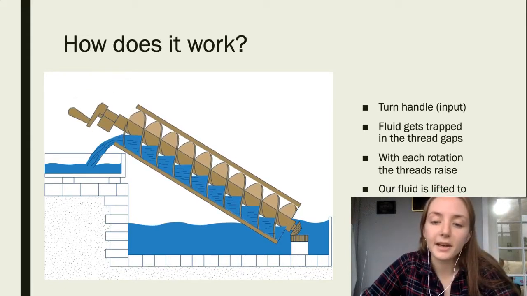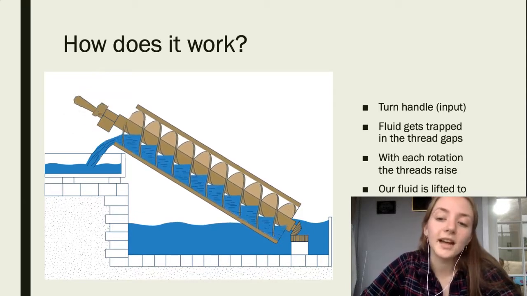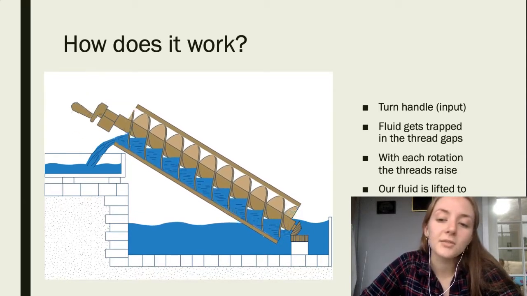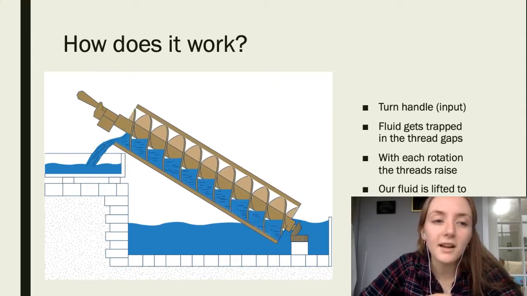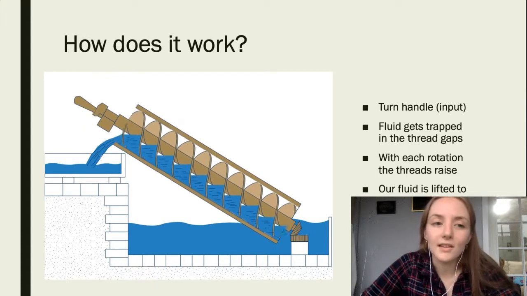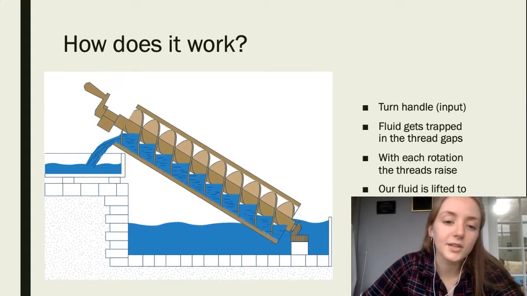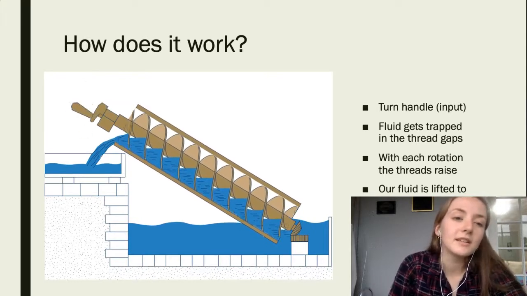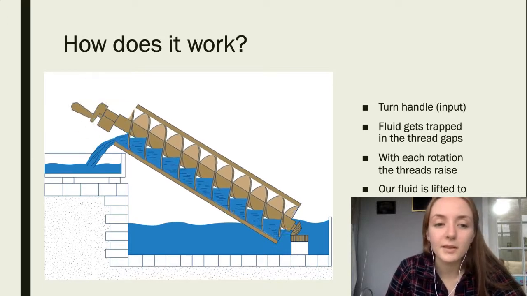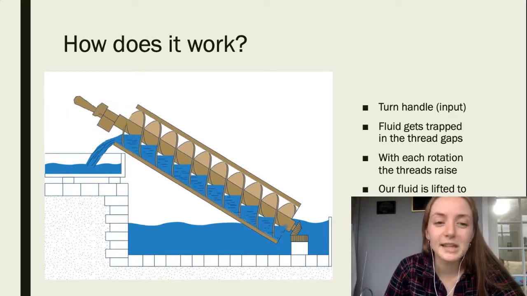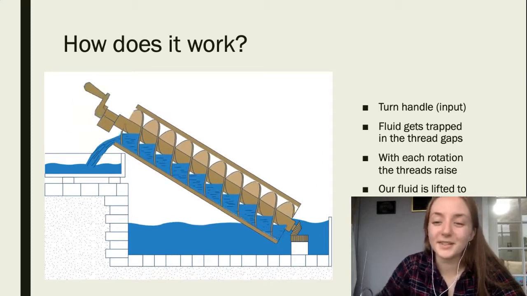So essentially, our system has converted kinetic energy from turning the handle to gravitational potential energy. So yeah, the water at the top has a higher gravitational potential energy than the water at the bottom. And it's just a really efficient way of moving water, and it helps to relieve strain. You can imagine carrying all that water up with buckets is hard work, and no person would really want to do that.